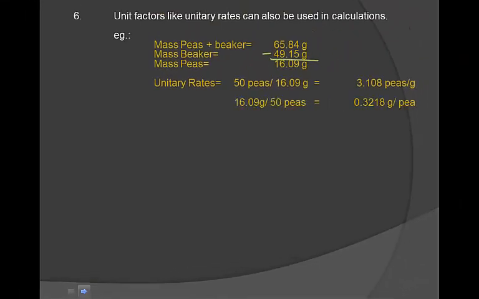I can either use the unitary rate of 50 peas per 16.09 grams, or I can use the unitary rate of 16.09 grams per 50 peas. Notice I can change these unit factors into unit rates just by dividing them through.